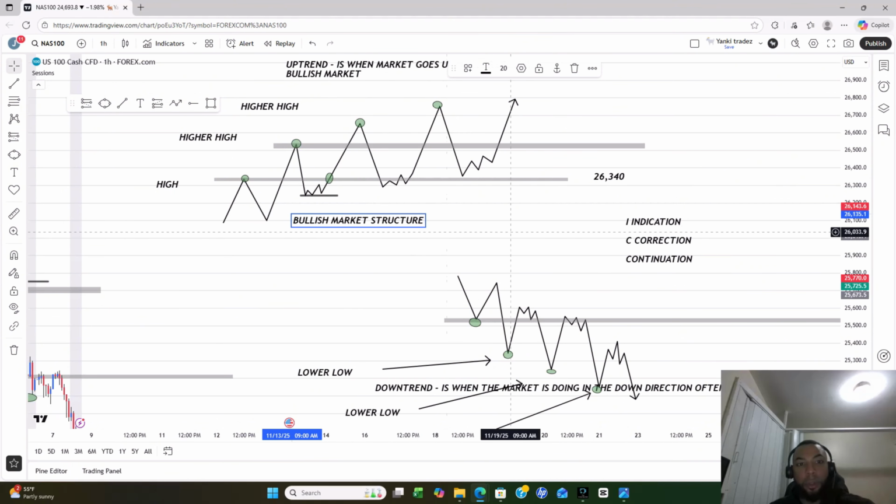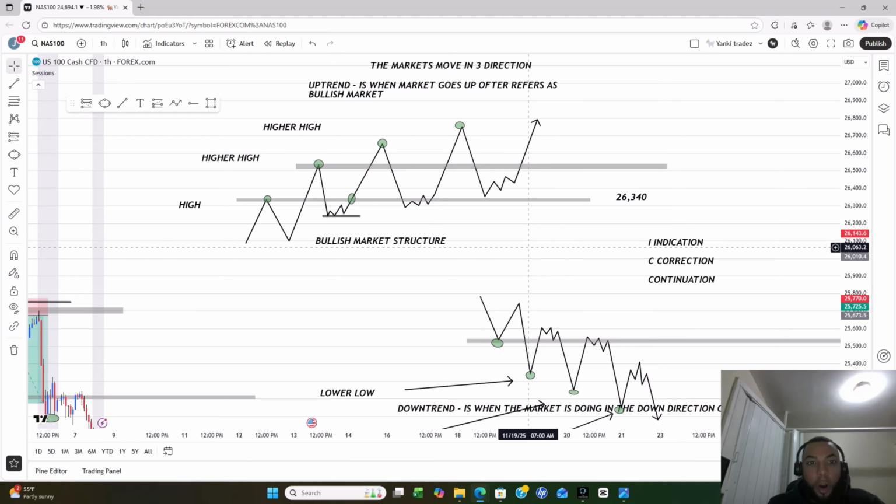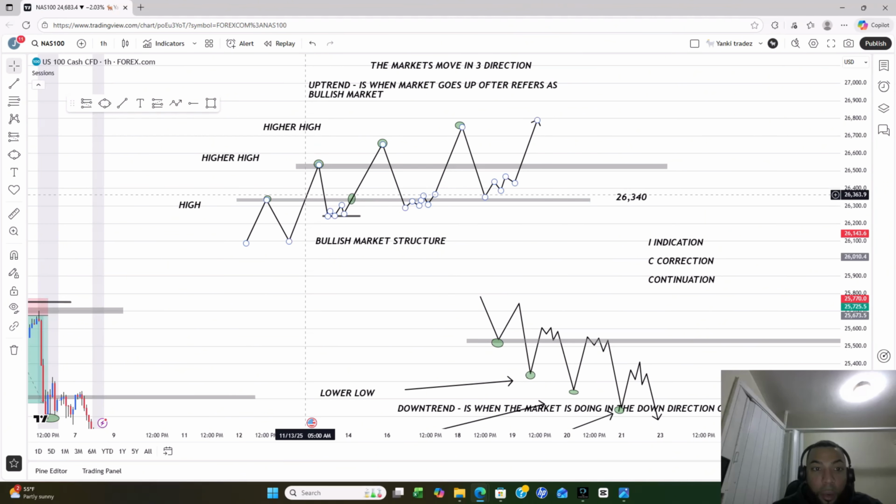Okay. Over here in ICC Mafia, we don't trade the indication. We don't trade the indication, because we just don't know where the market is going. When the market breaks this level the first time to the upside, we don't know how far the price is going to go.